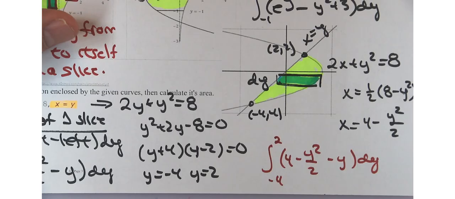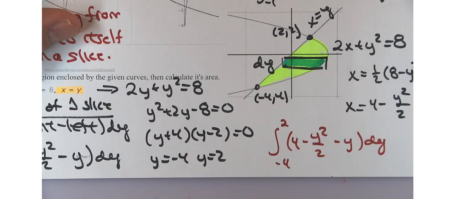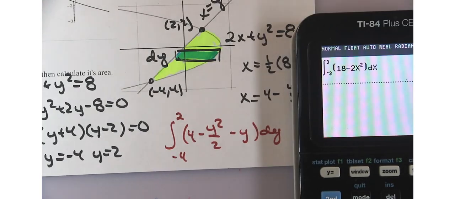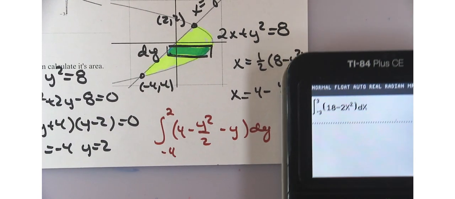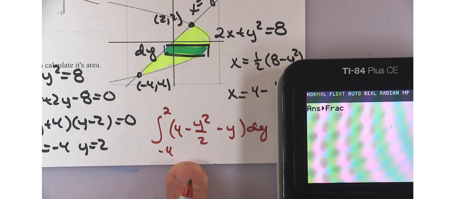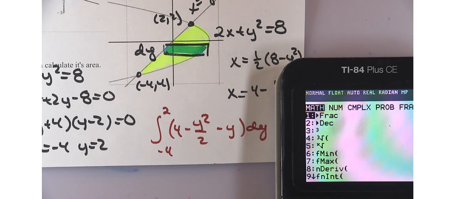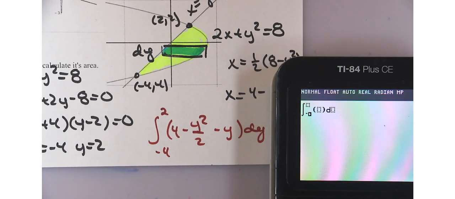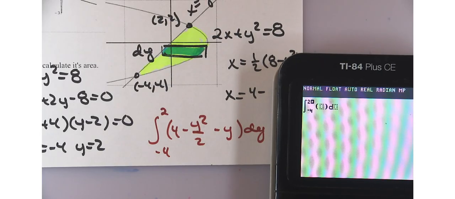And let's finish this up with the graphing calculator. This is, after all, just a polynomial. And what I do a lot of times to try and save you some time on these problems is set it up here and then finish it with fnInt. So I want MATH 9 from negative 4 to 2. Now when you type it in, you don't have to be all fancy and type it in with y's.